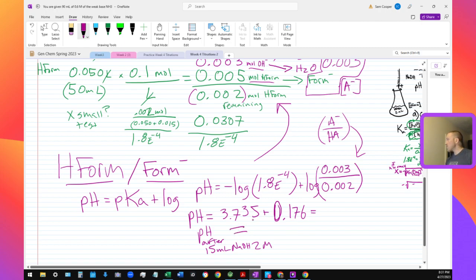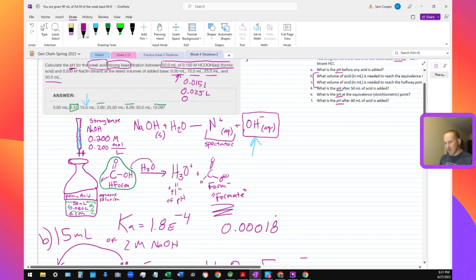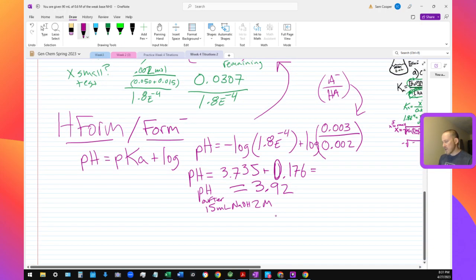That pH equals 3.92. I got a little sloppy with sig figs, but as long as we're getting within a hundredth or so, a couple hundredths, we're probably good.